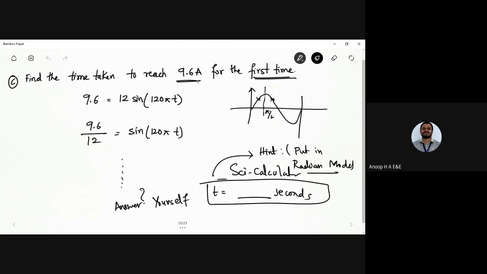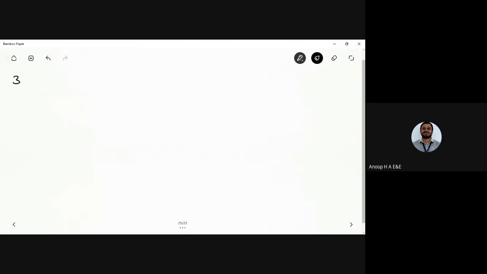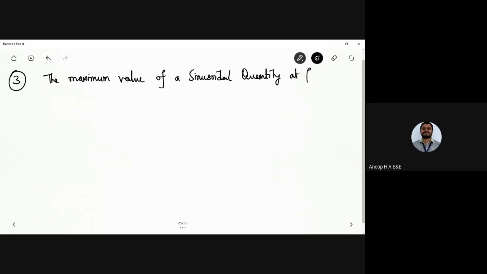Let me give another problem to you. That is the third problem. The maximum value of a sinusoidal quantity at frequency 50 hertz is 25 amperes.